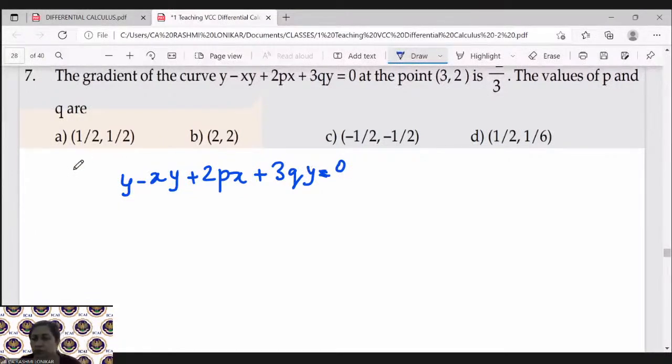What I have to do is, I have to see at the point 3, 2. Okay, so this 3, 2 means what?